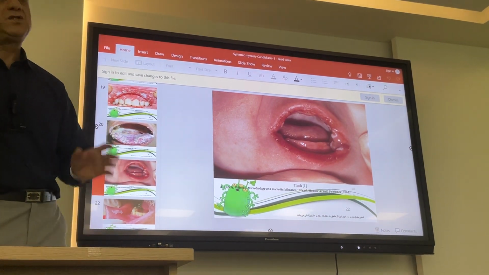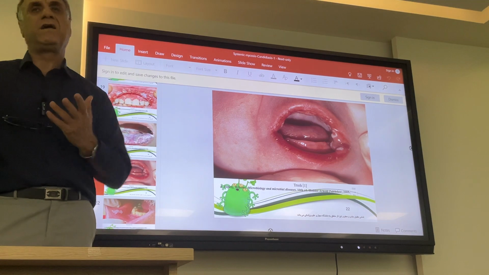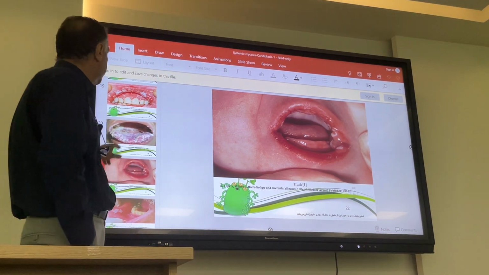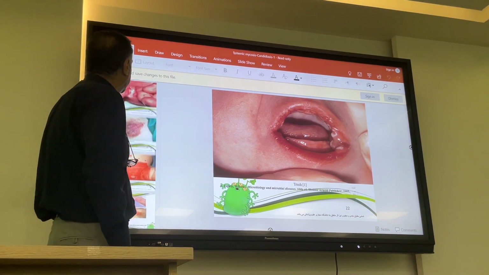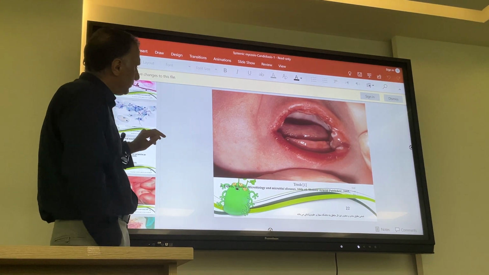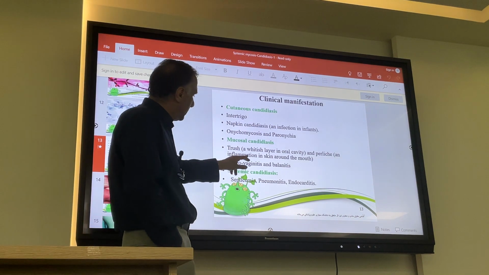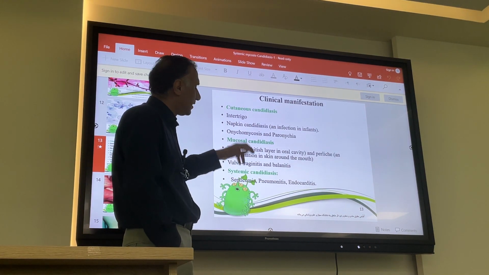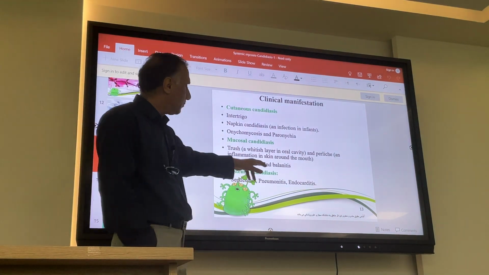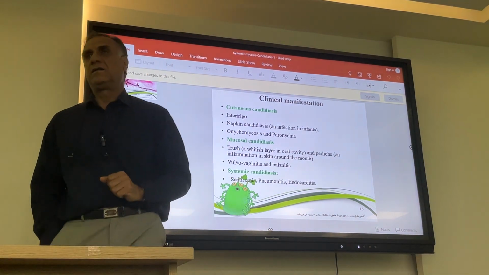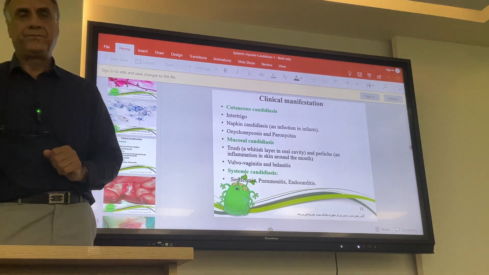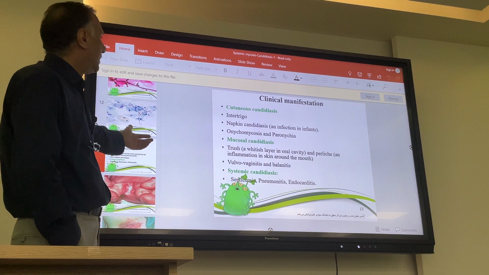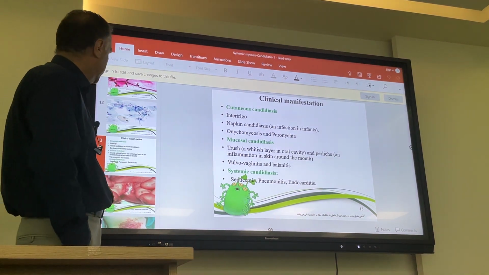Mucosal candidiasis usually affects the oral cavity. Sometimes it affects the vagina in women, vaginitis or vulvovaginitis, and balanitis in men. It is a contagious infection.